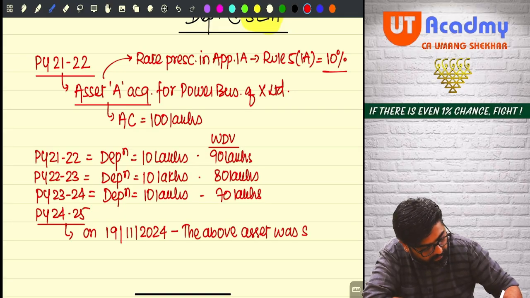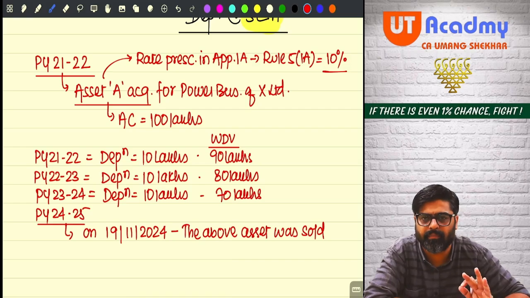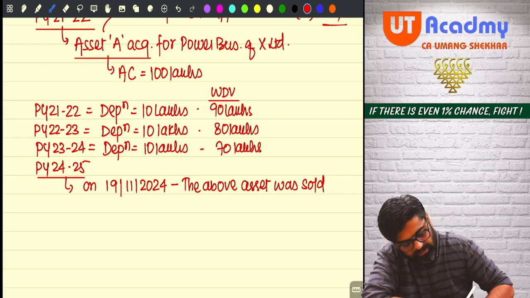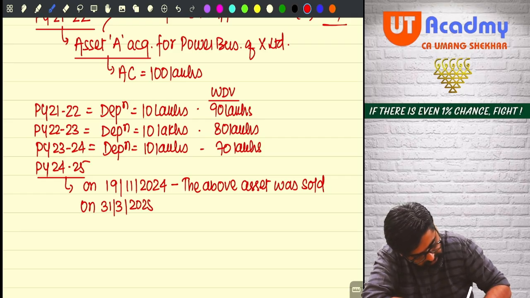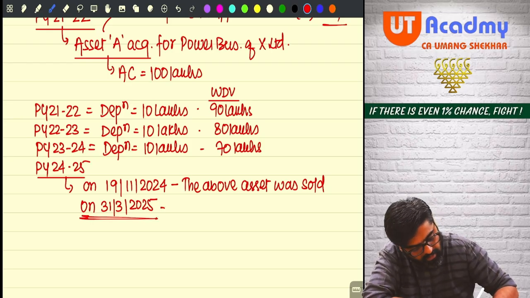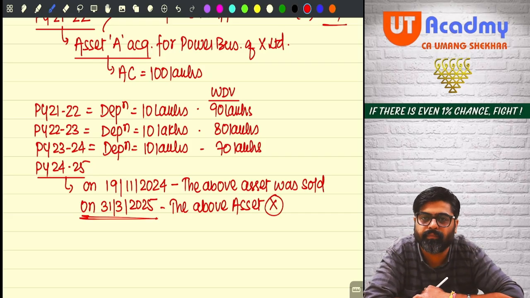Now tell me, if the above asset was sold during the previous year, it can be sold at any time. But if the asset was sold during the previous year 24-25, can I say now on 31st March 2025, that is as on the last day of the relevant previous year, the above asset does not exist in my business?